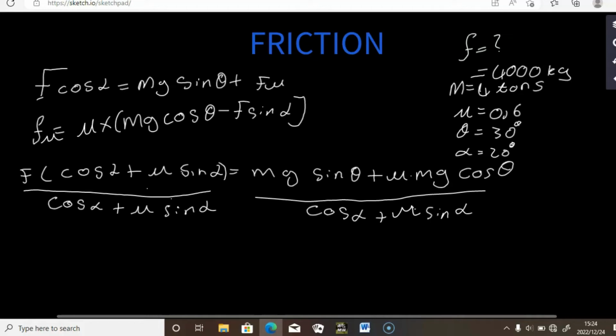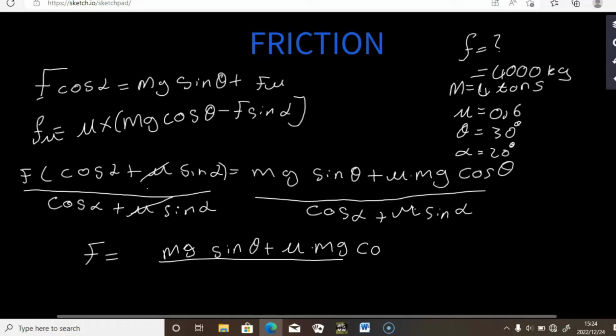This will cancel out this, and then we are going to have f being equals to mg sine theta plus mu mg cos theta divided by cos alpha plus mu sine alpha. And then from here we can just substitute and get the value of f.